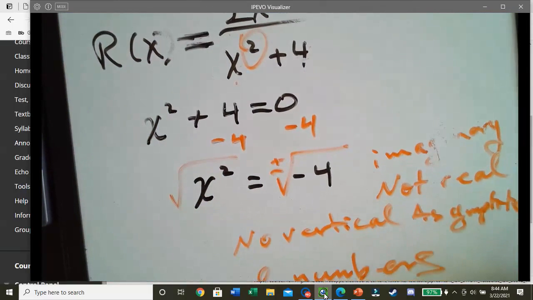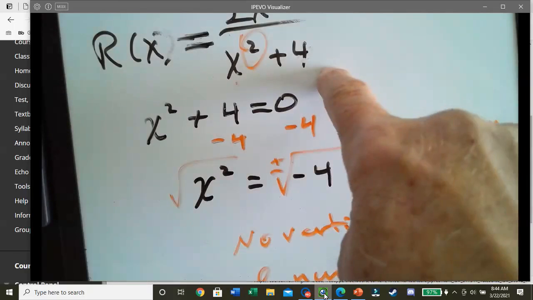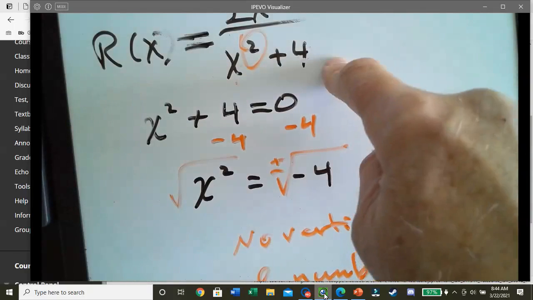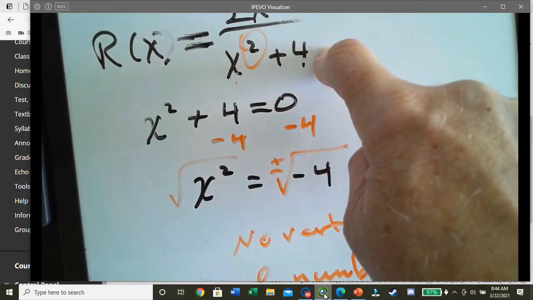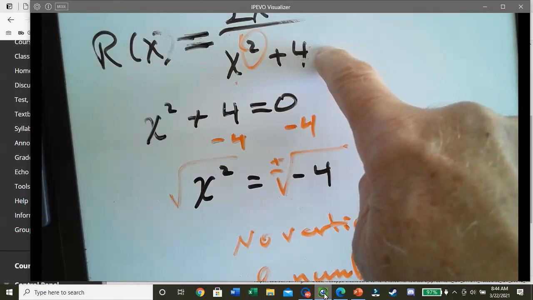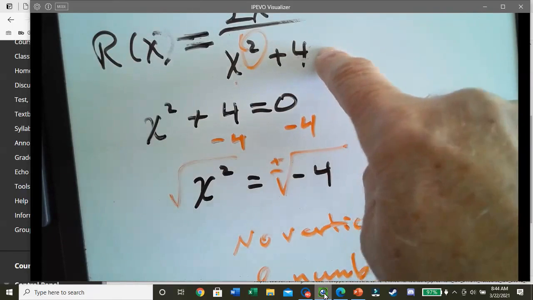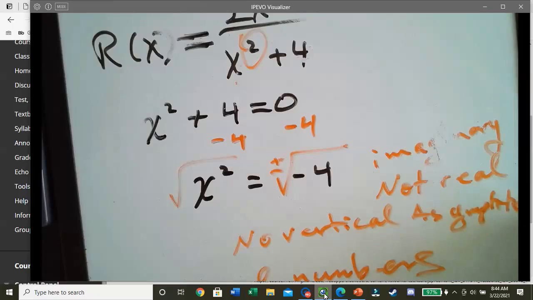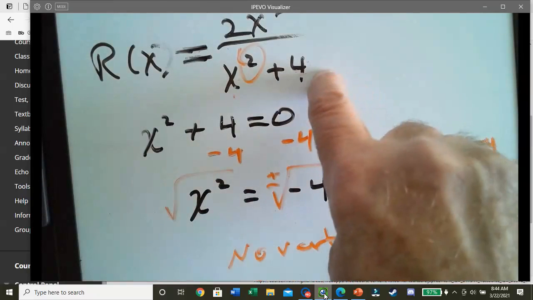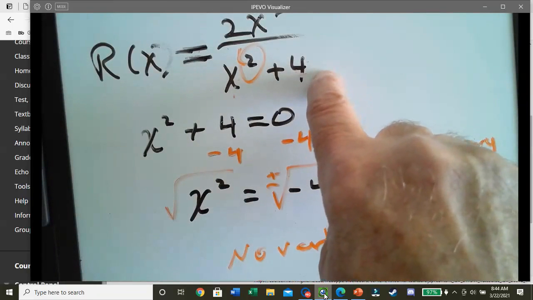So this domain is all real numbers, okay, but all right, you may not see that because I don't like exceptions. All right, I'd rather you solve all of them because you're not going to see this one very much.